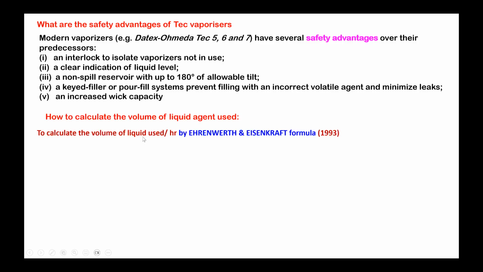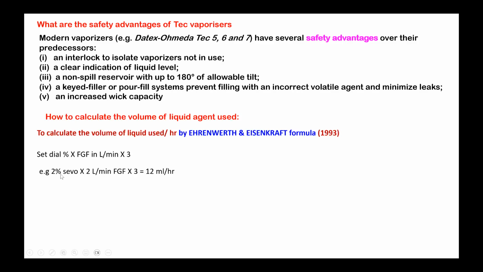How to calculate the volume of liquid agent used? For that, there is a formula called Ehrenwerth and Eisenkraft, where you multiply the set dial percentage with the fresh gas flow in liters per minute multiplied by 3. You will get the volume of liquid that you use per hour.